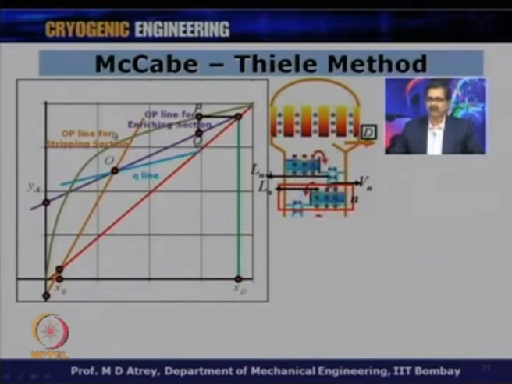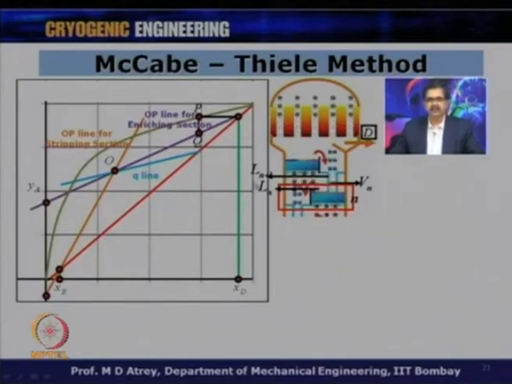By drawing a horizontal, I will get the location, the way we had done earlier for P. I will get one more point which depicts the Yn and xn which are in thermal equilibrium on this plate. Having done that, I will again go vertically down to go to the next plate.